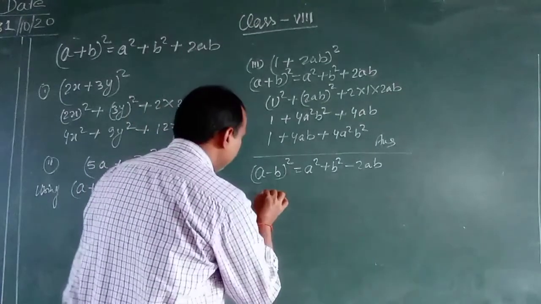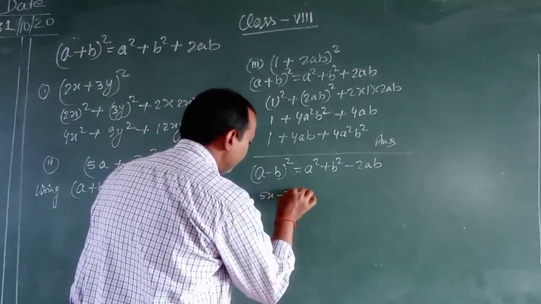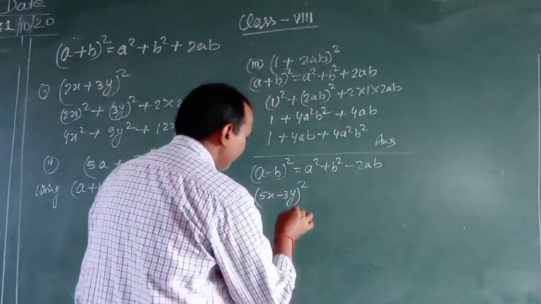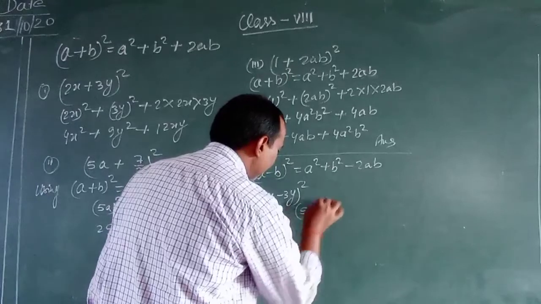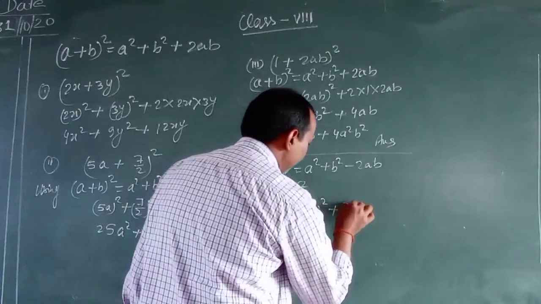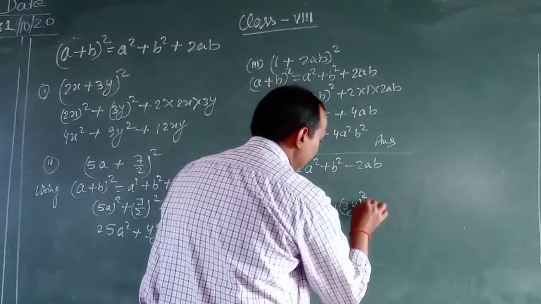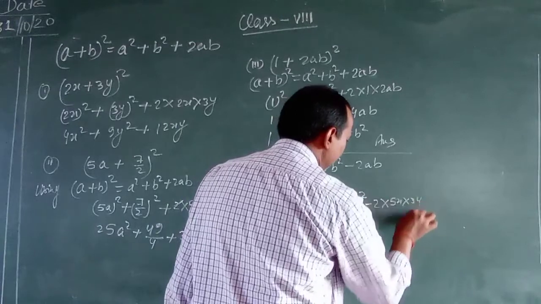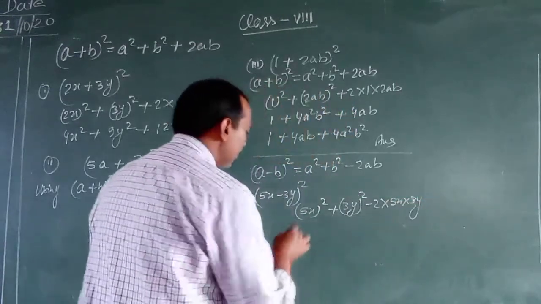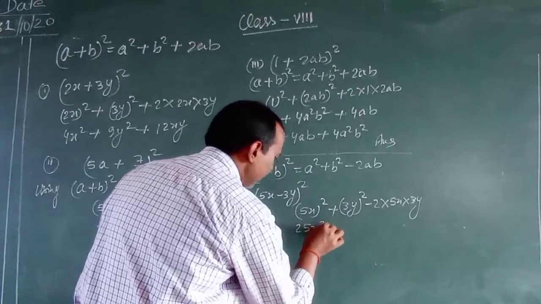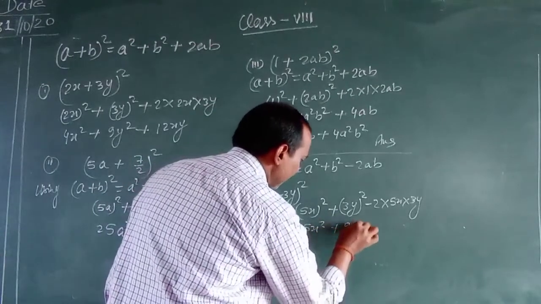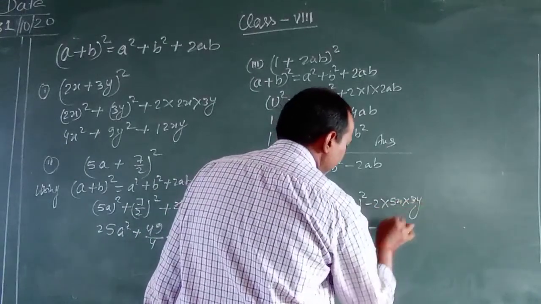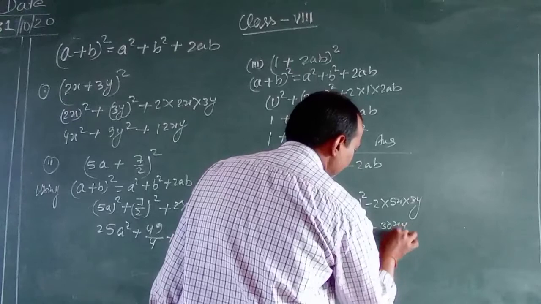Here, if the question is as (5x minus 3y) whole square, using this formula, you can write 5x square, second term it means 3y square, minus 2 into first term 5x into second term 3y. 5 square 25x square, 3 square 9y square, minus 2 5s are 10 and 3 are 30xy.